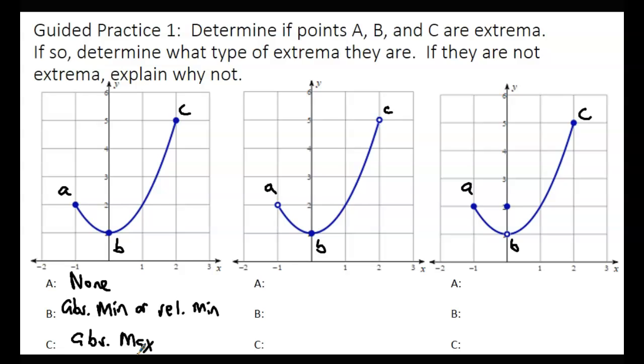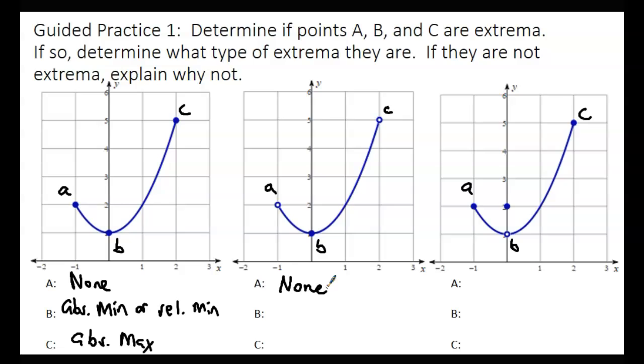Okay, let's take a look at the next one. Now you'll notice that we have some differences here. I've got open dots, these spots. And over here I've got an open dot and a closed dot. So for A, what do you guys think of that? I'm going to say none again.